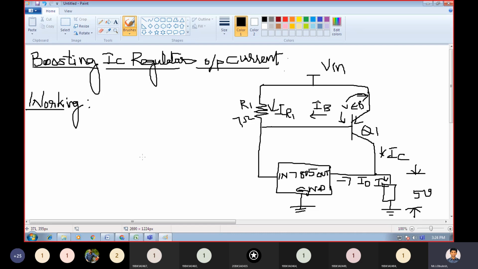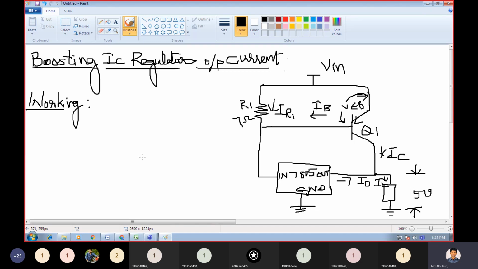For low load currents, the voltage drop across R1 is insufficient.